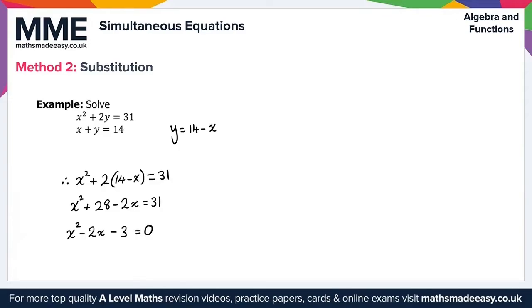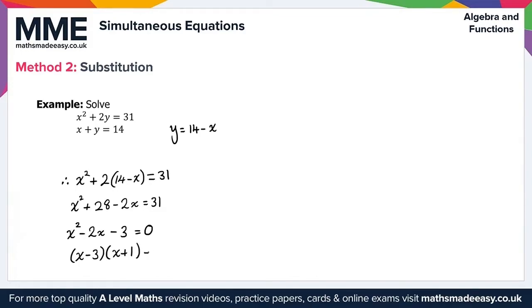Now here, the first thing we should always check is whether we can factorise this quadratic. We may not always be able to factorise a quadratic, and in that case we would need to use the quadratic formula or completing the square. However, this is a nice example which does factorise. And in that case, when we factorise this expression, what we obtain here is x minus 3 times by x plus 1.